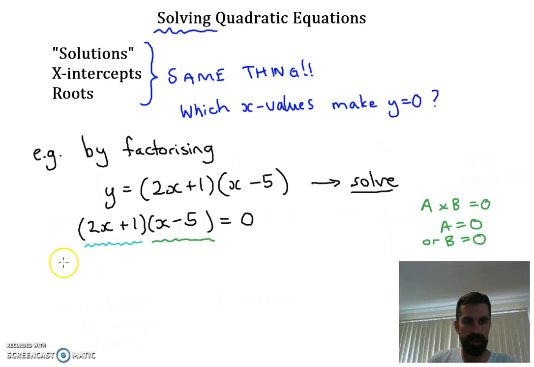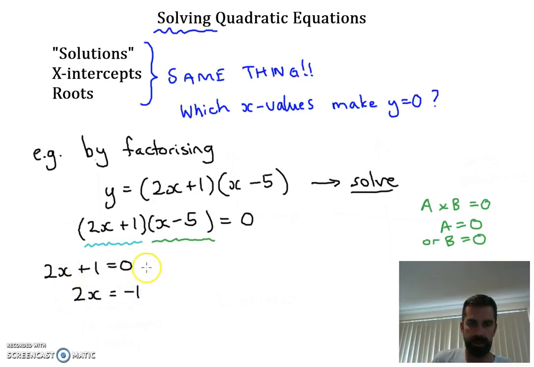So if I take that on and look at my two possibilities, if 2x + 1 = 0, we can figure out what x is by a bit of rearranging. So take the plus 1 over to the other side and it becomes negative. And then divide both sides by 2, so x equals negative a half.